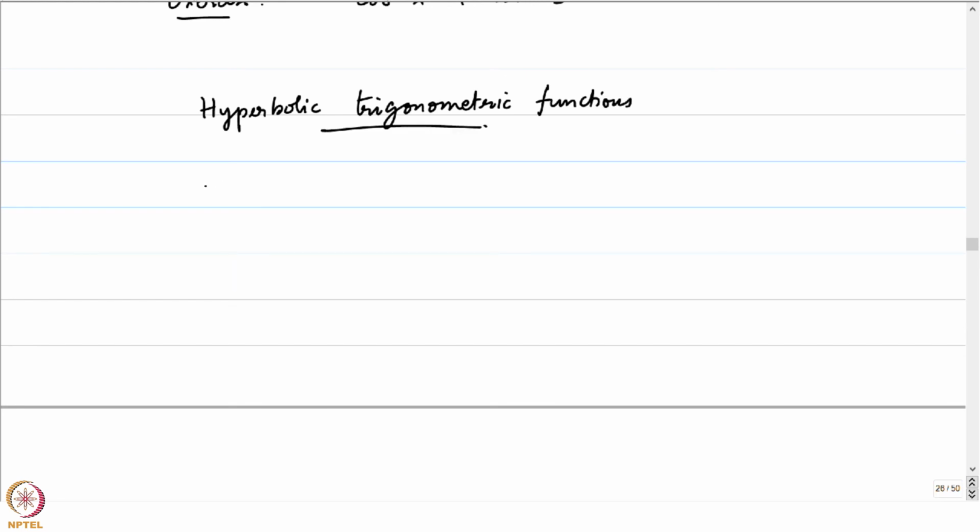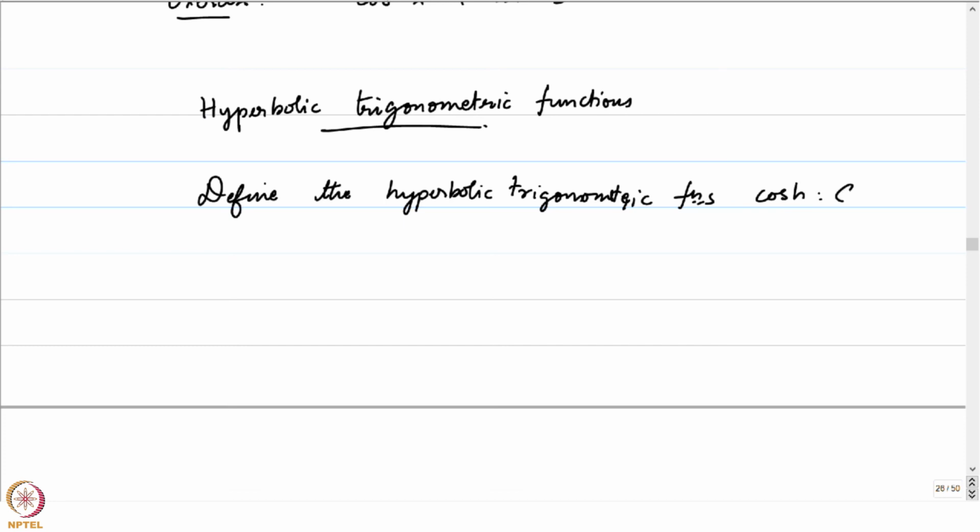So let's define the hyperbolic trigonometric functions, cos h from C to C and sine h, the hyperbolic sine and the hyperbolic cosine from C to C, given by, I should start with cos h of z.